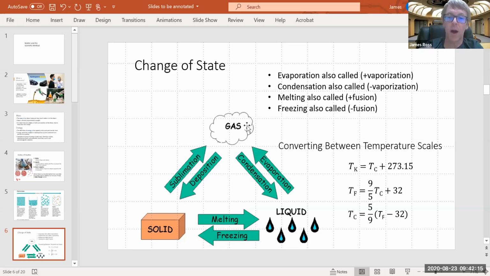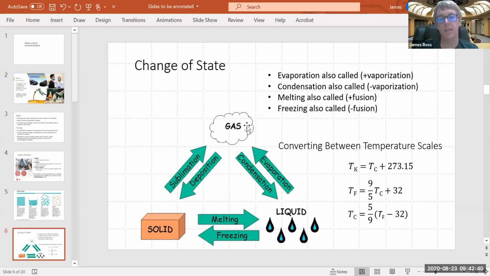And then at the top, I've also added some more scientific vocab that we'll need later. So evaporation is also known as positive vaporization. So we essentially form a vapor in the positive direction. The reverse process or condensation would be negative vaporization. So here the positive and negative just represent directions.